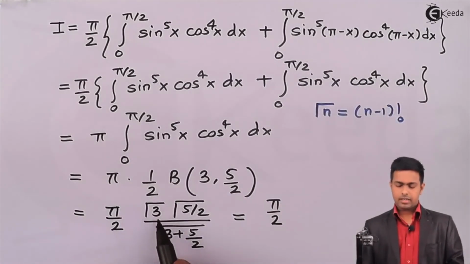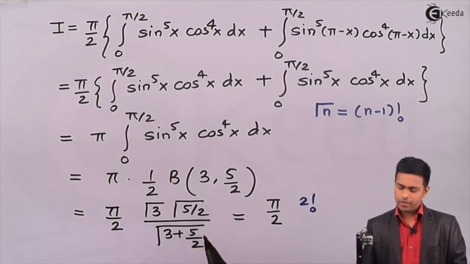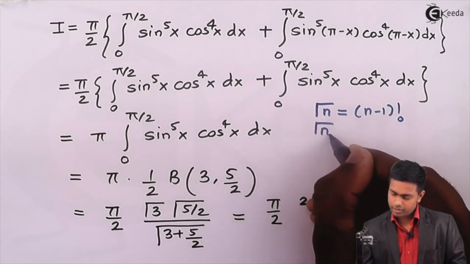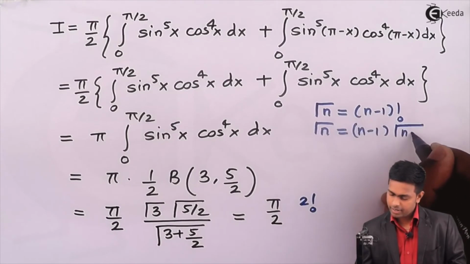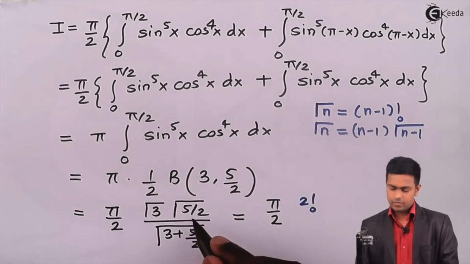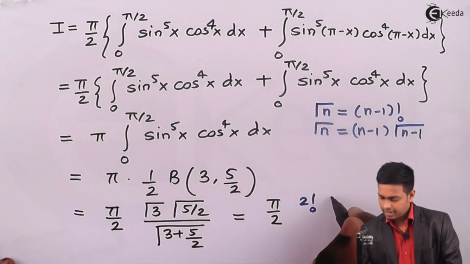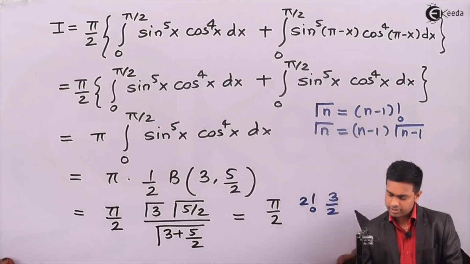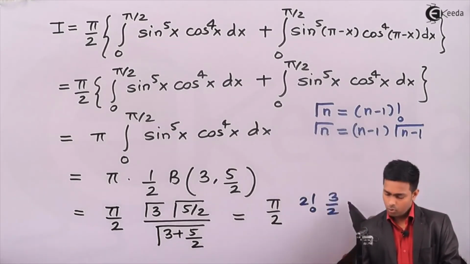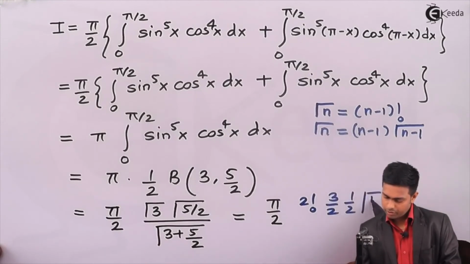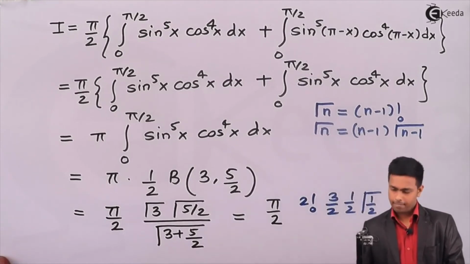So this gamma 3 will become 2 factorial. Next, for gamma 5 by 2, I will use the property of gamma n, that is n minus 1 gamma n minus 1. So this will become 5 by 2 minus 1, that is 3 by 2 gamma 3 by 2, but gamma 3 by 2 is 1 by 2 gamma 1 by 2, and we know the value of gamma 1 by 2, which is root pi.